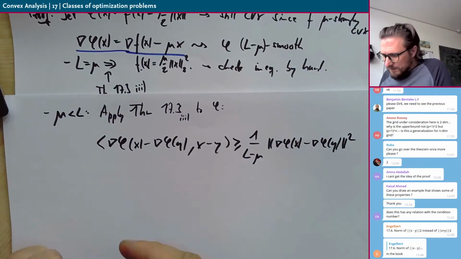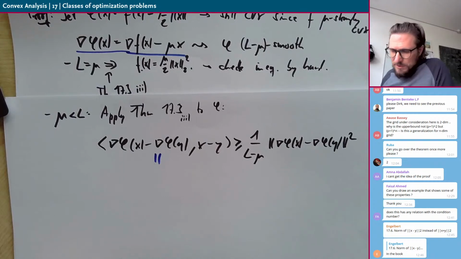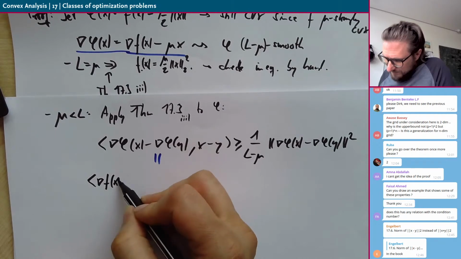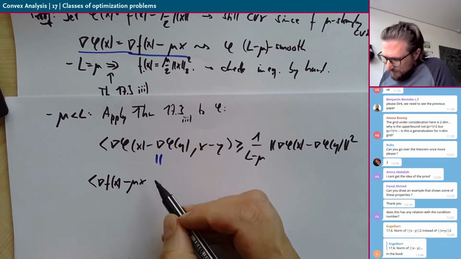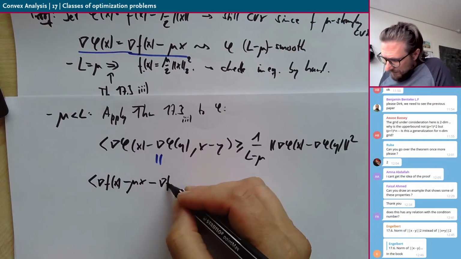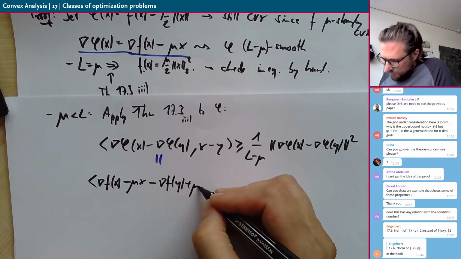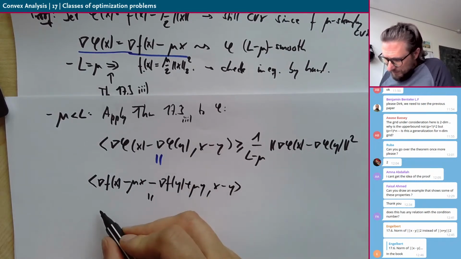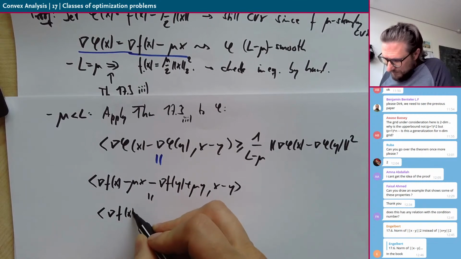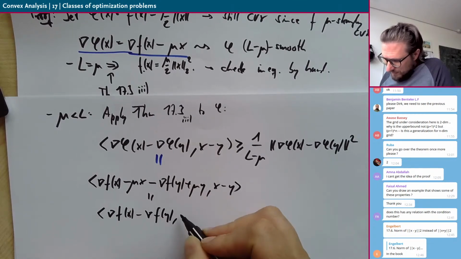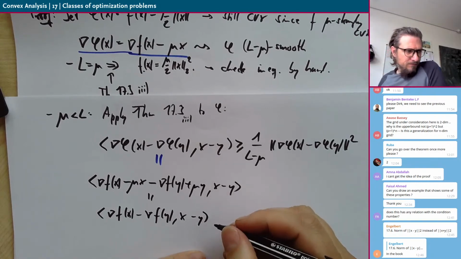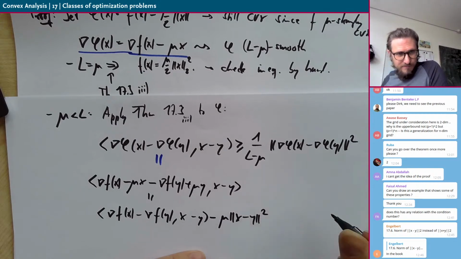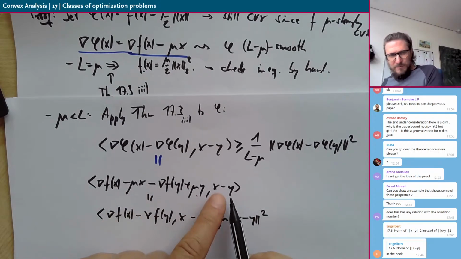This here is, by the blue equality up there, the gradient of f of x minus mu x minus gradient f of y plus mu y, times x minus y, and this is nothing else but gradient of f of x minus gradient of f of y, times x minus y, minus mu times norm x minus y squared. These x and y combined with these to one norm squared.